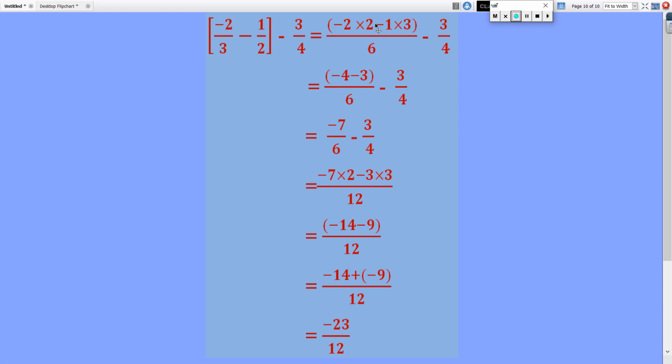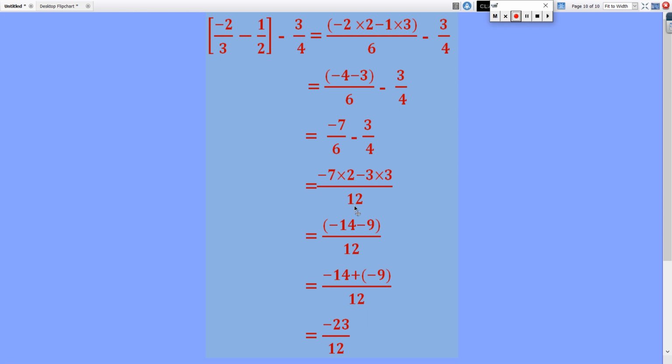Here negative 2 into 2 minus 1 into 3 by 6 minus 3 by 4. Negative 2 into 2 is negative 4 minus 3 by 6 minus 3 by 4. That is negative 4 minus 3 means plus negative 3, that is negative 7 by 6 minus 3 by 4.